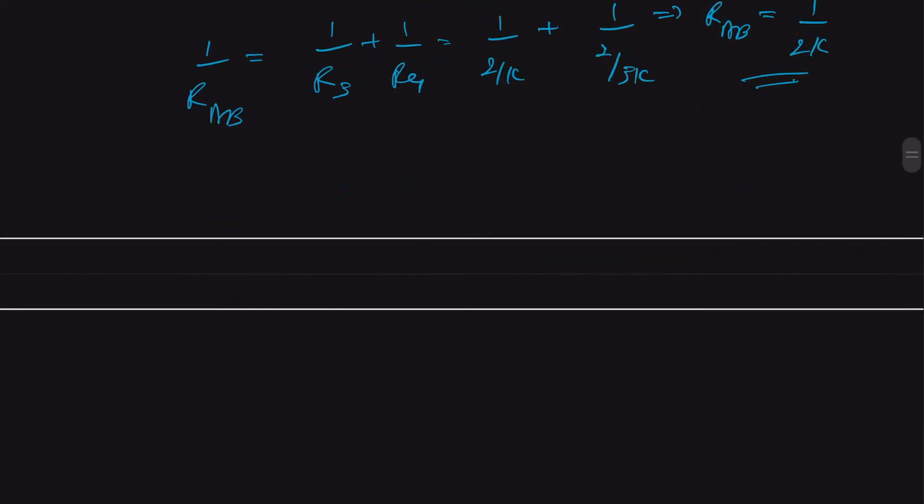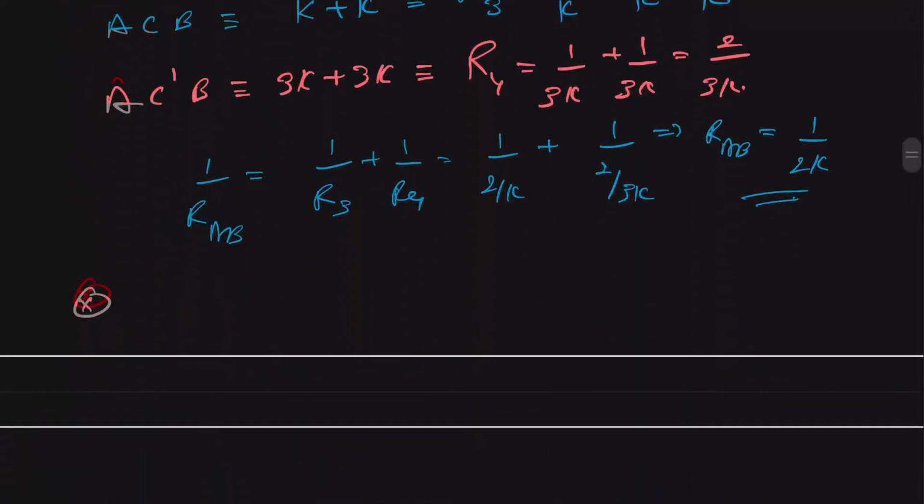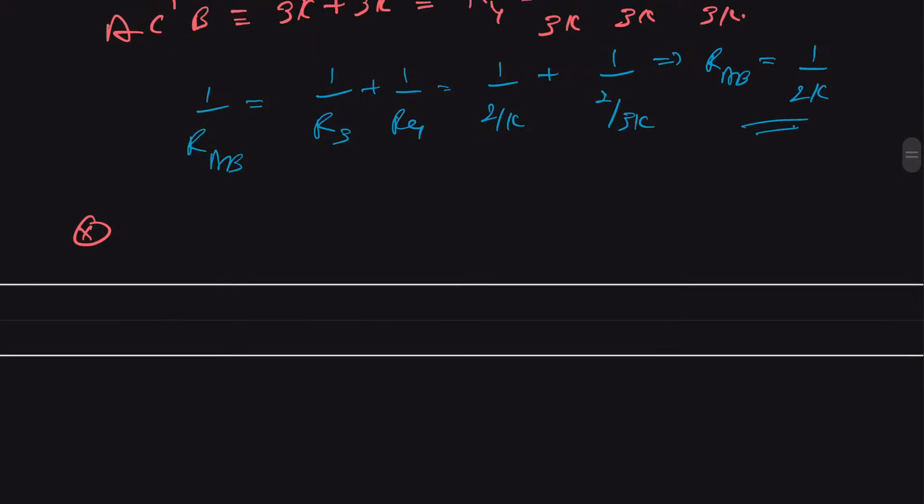Now we can easily find out the total resistance between A prime and B prime. Let us call this R total, that will be equal to our R1 plus RAB plus R2.